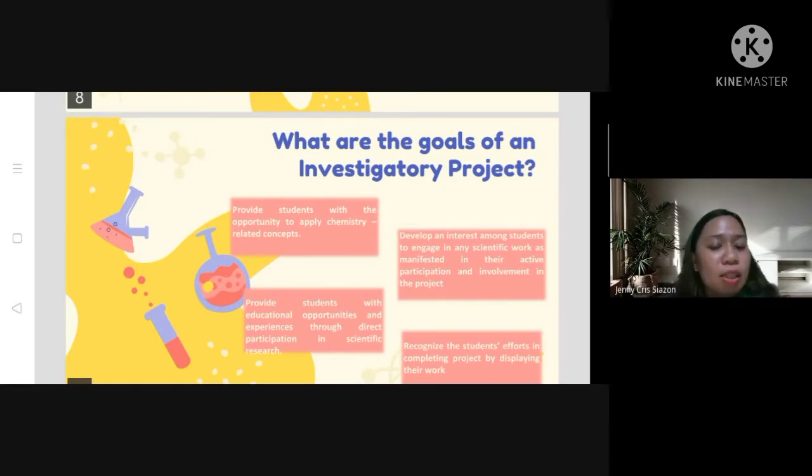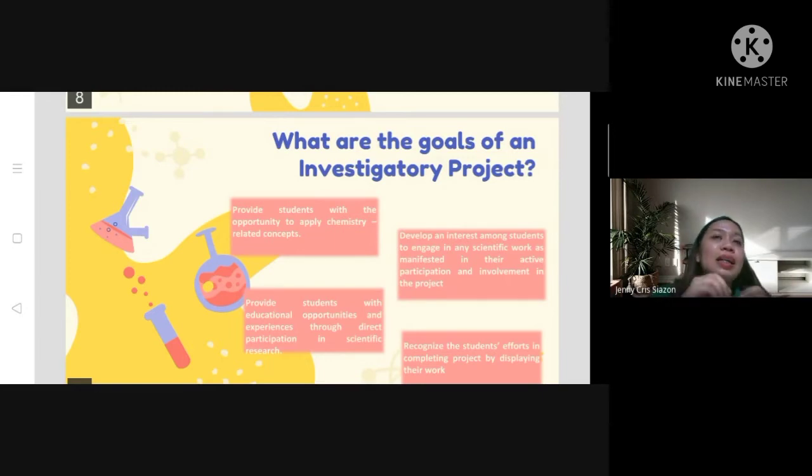Okay, the third one is to provide students with educational opportunities and experiences through direct participation in scientific research. So, sabi ko nga sa inyo, there's a lot of skills that will be improved once you conduct your own research.